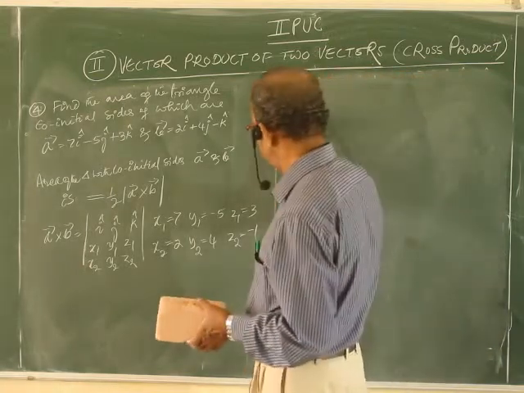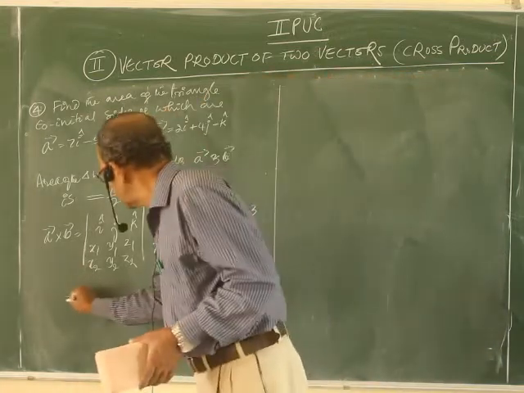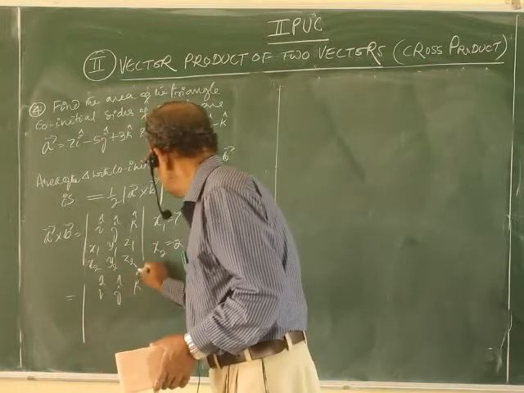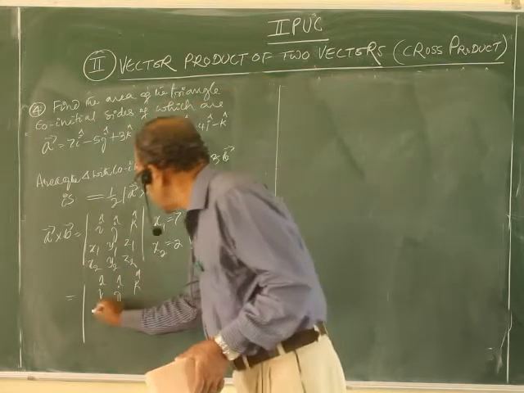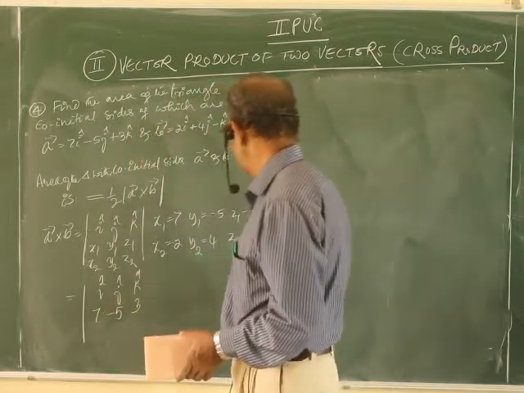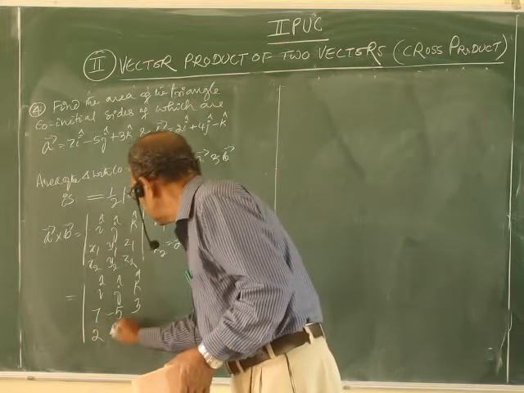Calculation: I J K, 7 minus 5 3, 2 4 minus 1.